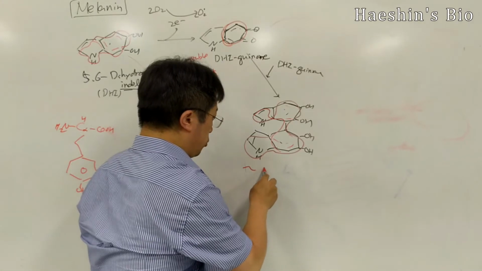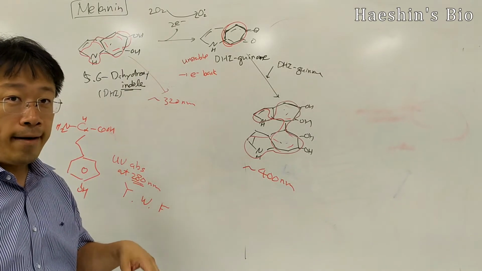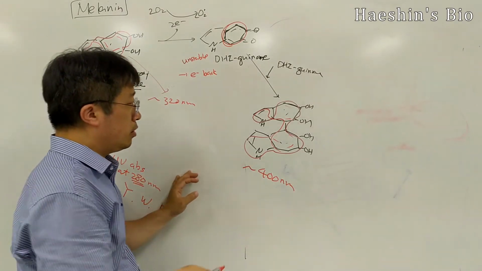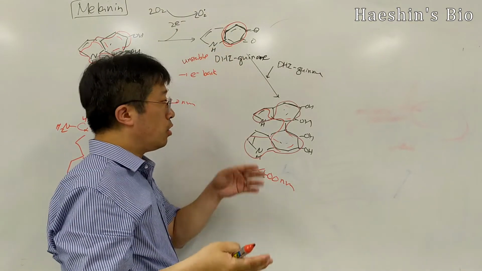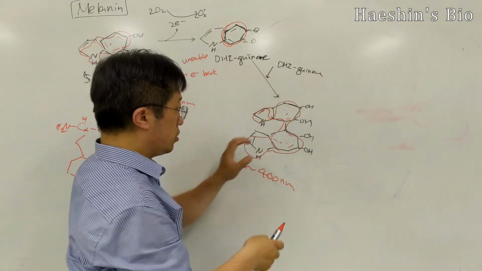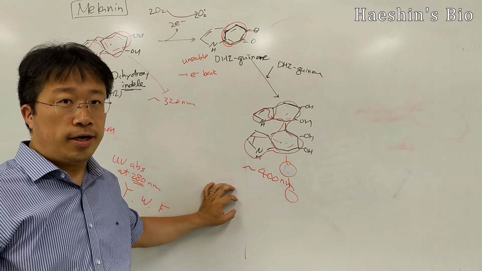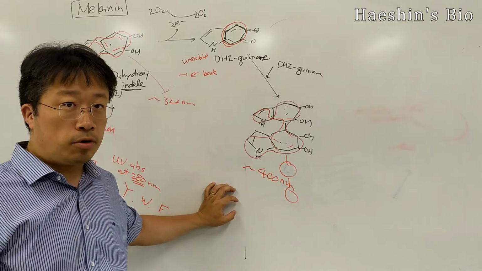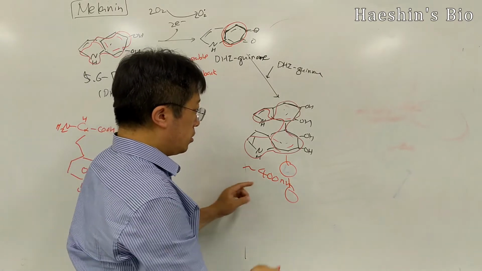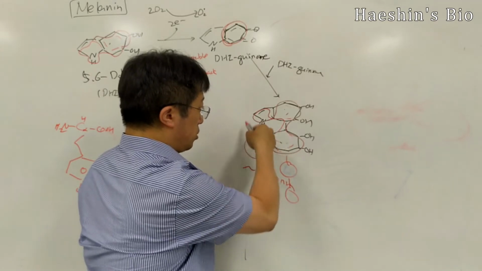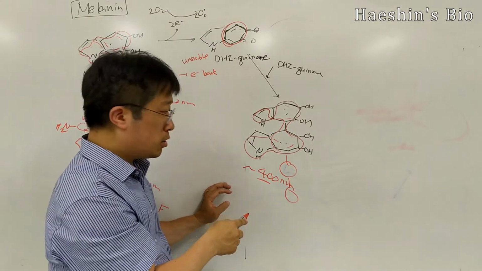So that approaches 400 nanometer absorption. Now you can imagine that another DHI quinone reacts with the existing DHI dimer and becomes a trimer, and the trimer becomes tetramers like this. And then probably these two dimer species absorb at this 400 nanometer.